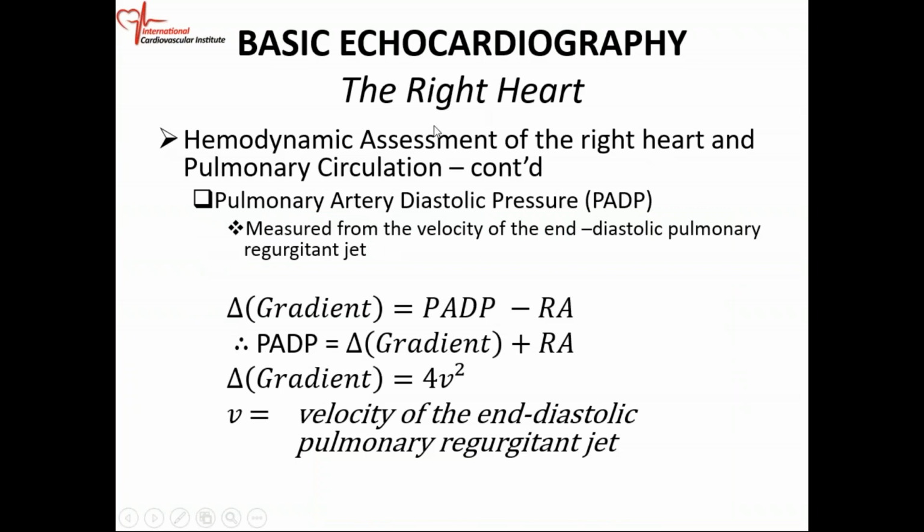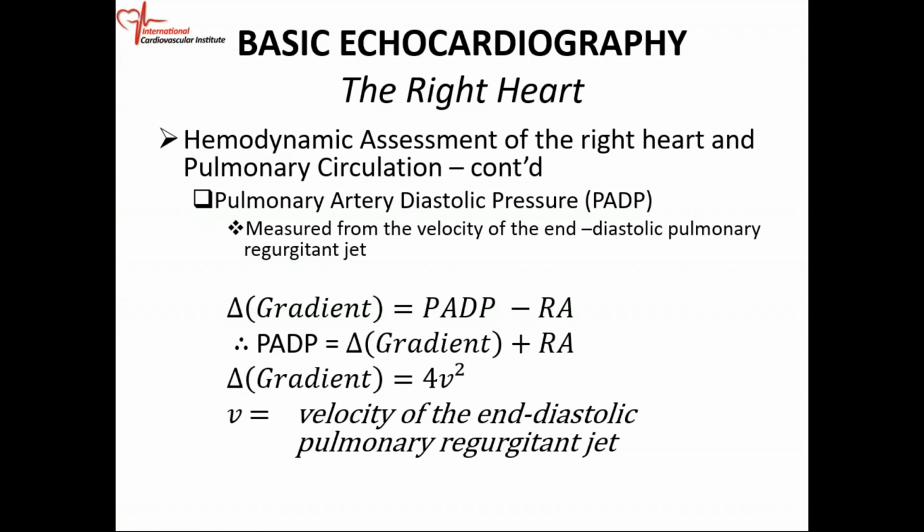Now to get your diastolic pressure, again, when we did hemodynamics, we went over this. To get your PA diastolic pressure, we just look at diastole, and you need to have PI, pulmonic insufficiency, to do this.